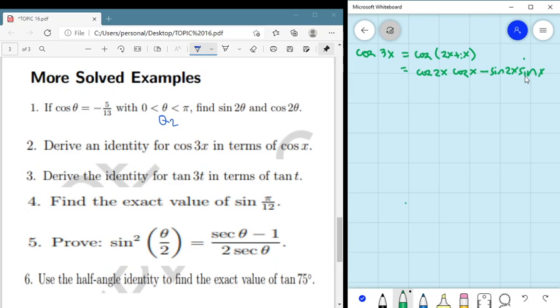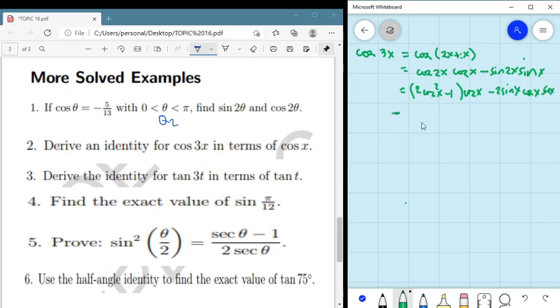Okay, cosine 2x can be replaced with the value 2 cosine squared x minus 1 times cosine x, minus sine 2x, which is 2 sine x cosine x, then copy sine x.